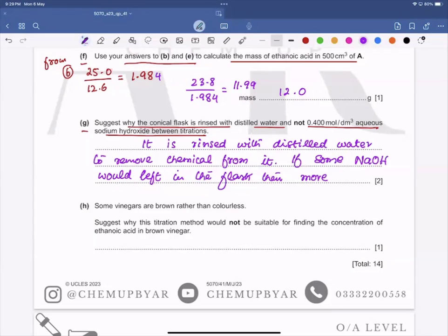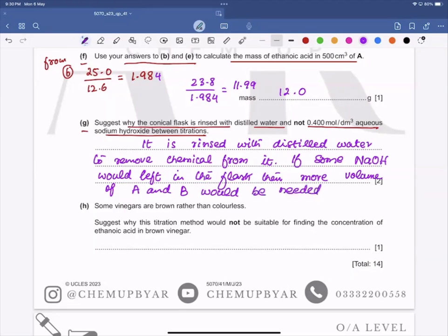So now we have more than 25 centimeter cube of NaOH in the flask. So for that, we need more volume of A or B.